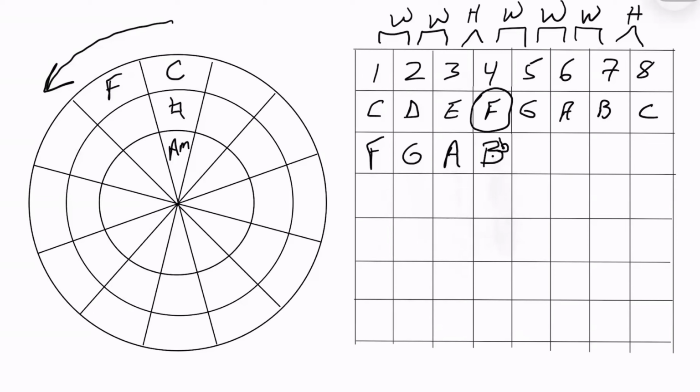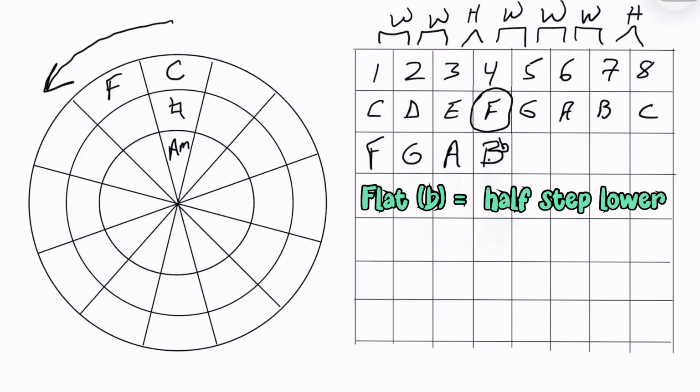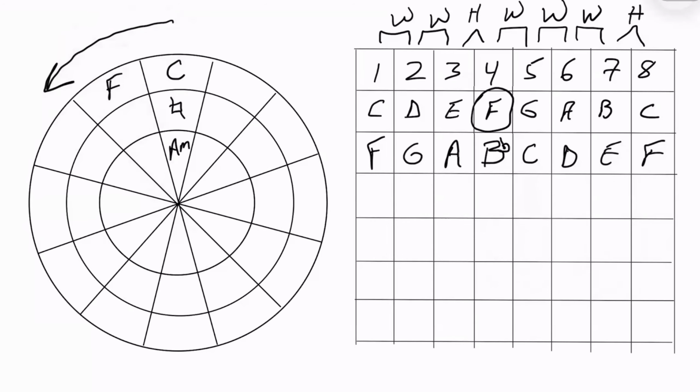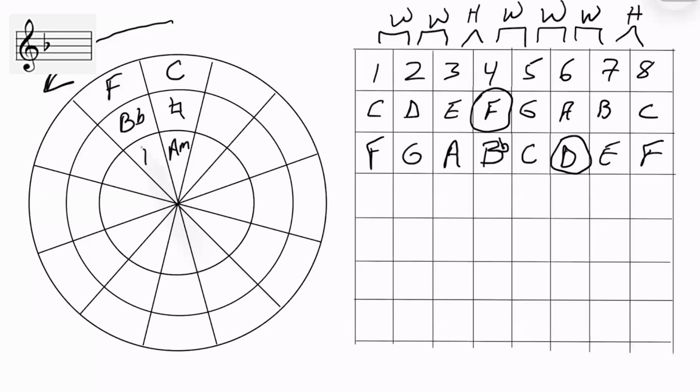So by flatting the B, making it a half step lower, we're going to bring it right next to that A and also take care of this issue here where we need the 4th and 5th degree to be a whole step away. We've lowered B, so now it has a space between it, 1 empty fret before you get to C. And we continue in our musical alphabet. The result of building this scale is our key signature will have our B flat in it, and it will have D minor as the relative minor.